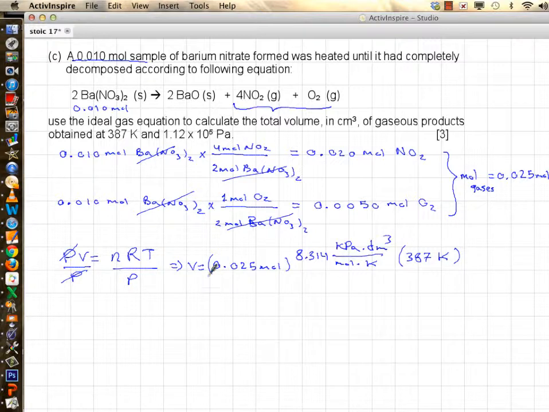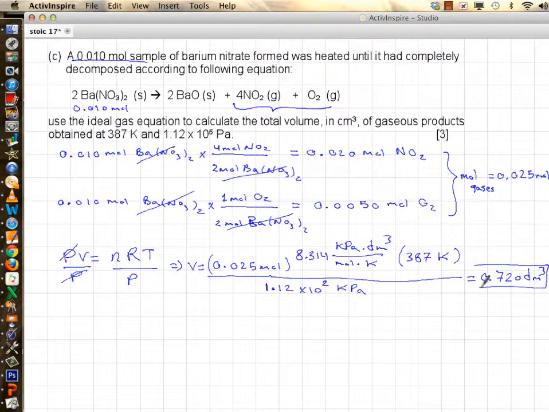The entire numerator is divided by the pressure in kilopascal, so 3 decimal places to the left, 1.2 times 10 to the power 2 kilopascal. If I do this, my final answer will be in decimeter cube, 0.720 decimeter cube. But they want it in centimeter cube. Every decimeter cube is 1000 centimeter cube. Therefore, the volume of gases is equal to 720 centimeter cube.